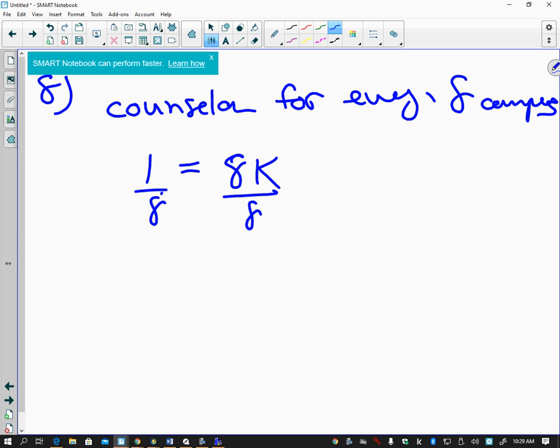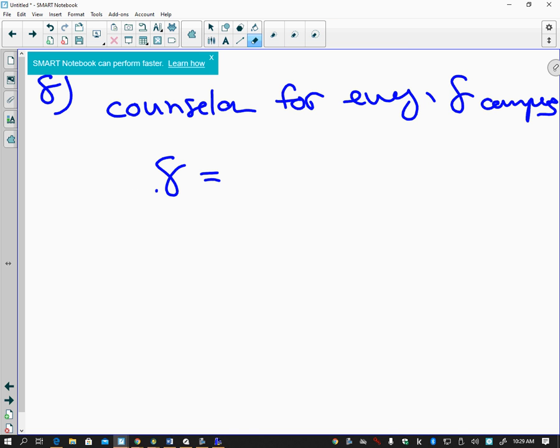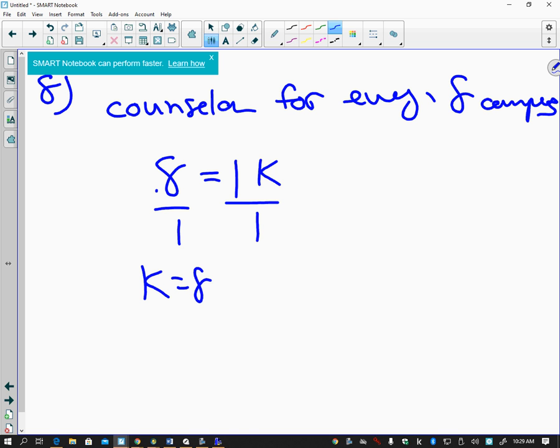Because they're going to tell you, I said, let's see, the number of campers. Okay, so they use campers, they say that campers is y. Okay, so they tell you campers is y, which would be the 8. 8 equals 1k. So divide by 1, k equals 8. So when you set it up, you'd get y equals 8x, direct variation.